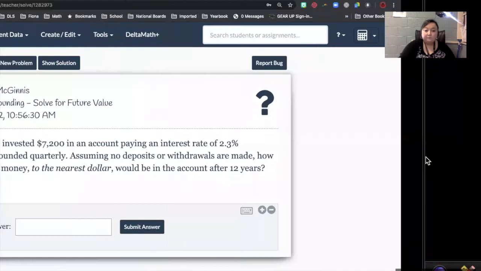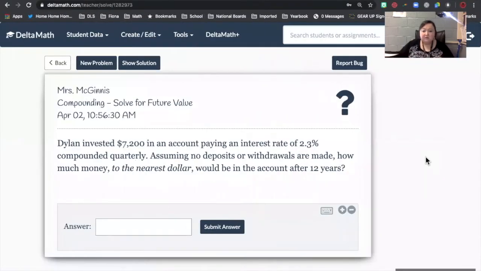Okay. So let's go back and pick out a few of those key terms, or values, that we needed. So we invested $7,200. So that is going to be our principal. So our principal is $7,200. In an account, it pays an interest rate of 2.3%.